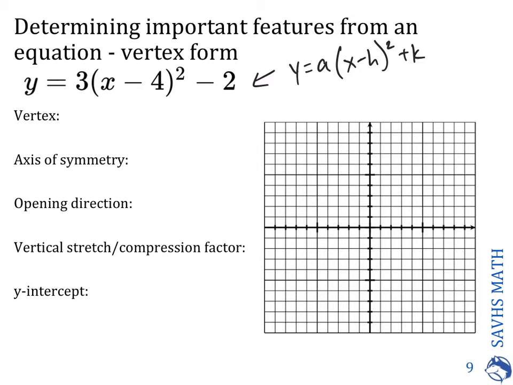And here's the thing. Your vertex is at the point (h, k). Your vertical scale factor is a.